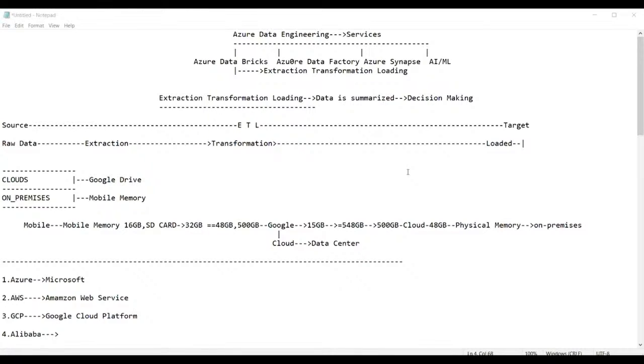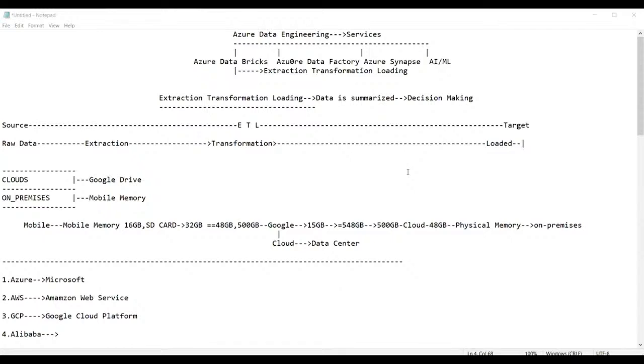Sir, ADB and ADF are both provided by Microsoft Azure, right? What is the main difference between ADB and ADF? If there is a project where you are going to use both, the ADF is used only for the data ingestion process, that means insertion of the data.